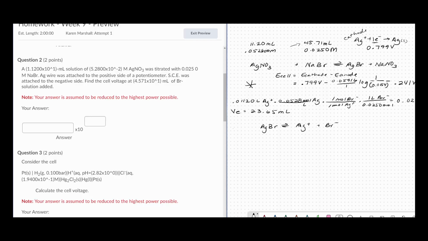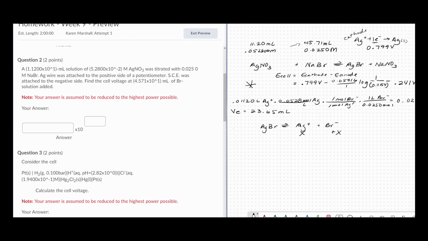Now at this point, there is solid. We know there's solid. And we also know that we're going to have a little bit of this silver ion, but the silver ion's concentration is purely going to be dependent on what the solid gives up. Now the bromide, we have excess bromide in solution. So we need to find that concentration because we're going to end up adding X to it.